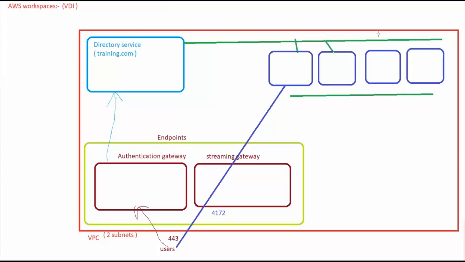One adapter is used to get registered with your directory, and using the other adapter, your desktops will be connected through your endpoints to the users. These are Ethernet adapters: Ethernet 0 will be used for the streaming purpose, and for the directory registration, it will be using Ethernet 1.